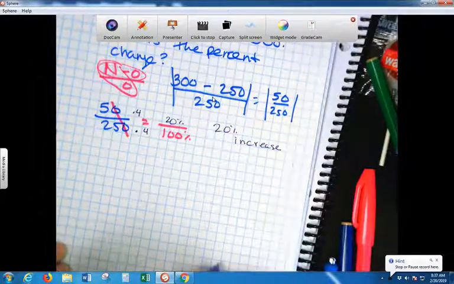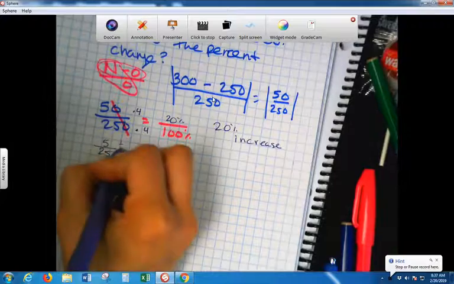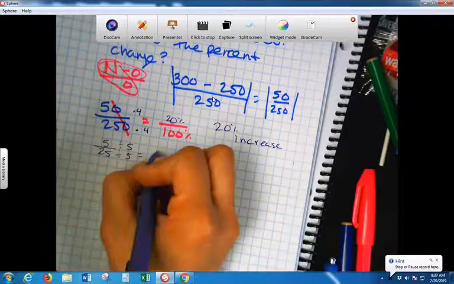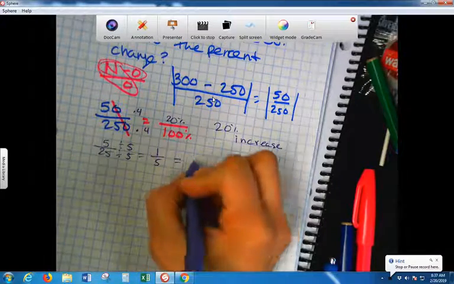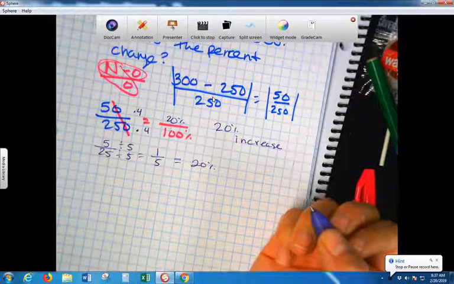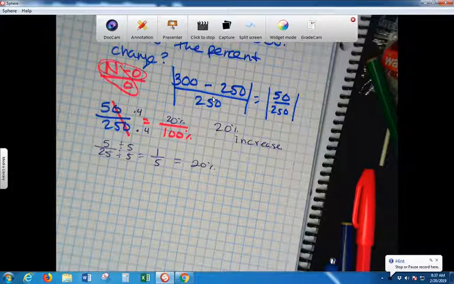Okay? You could have also taken 5 over 25 and simplified it by 5 and got 1/5. And then 1/5 is 20%, right? It just depends on what your brain sees. Sometimes setting up equal to a proportion works out. Sometimes simplifying works out.